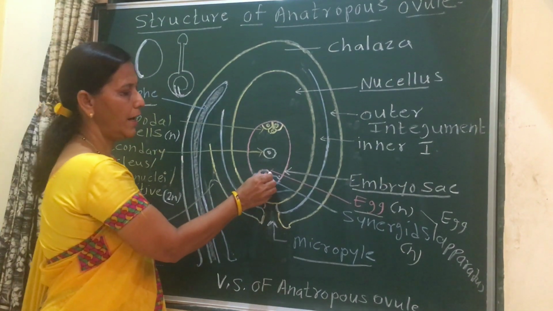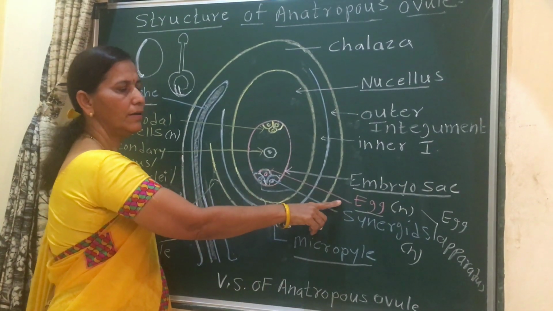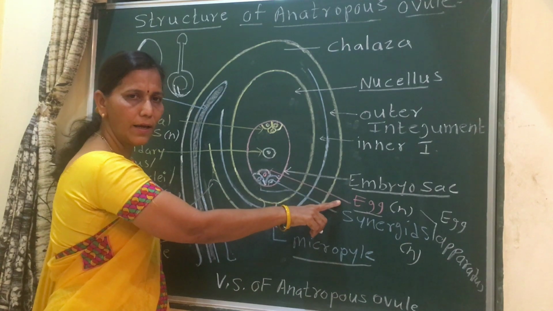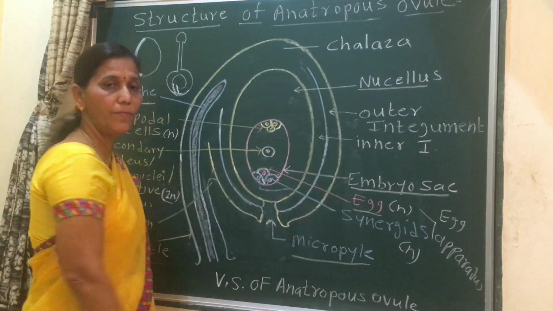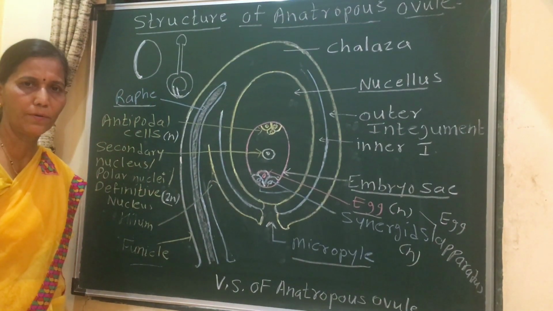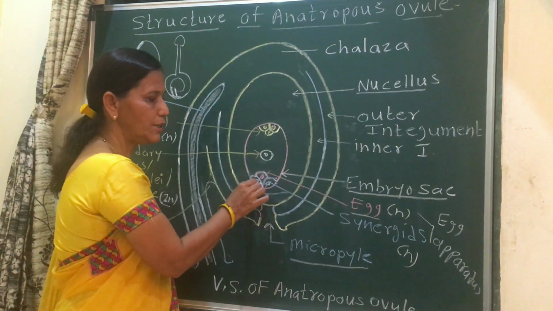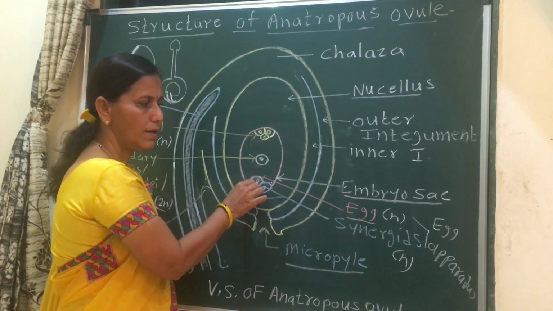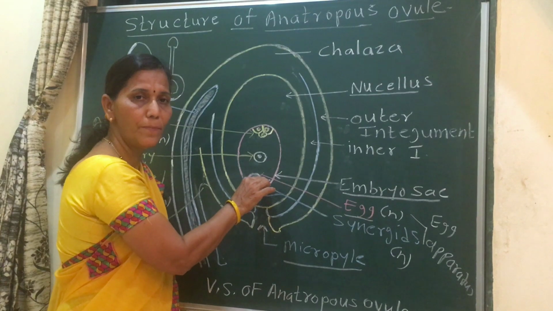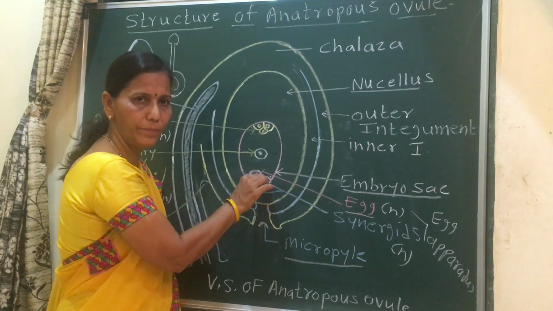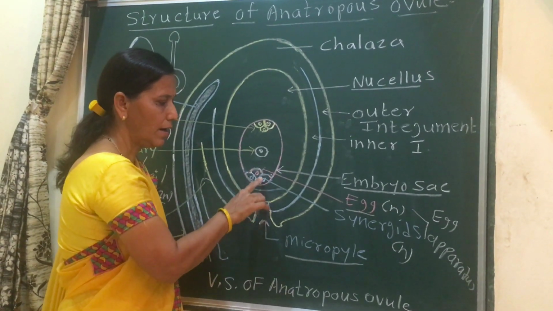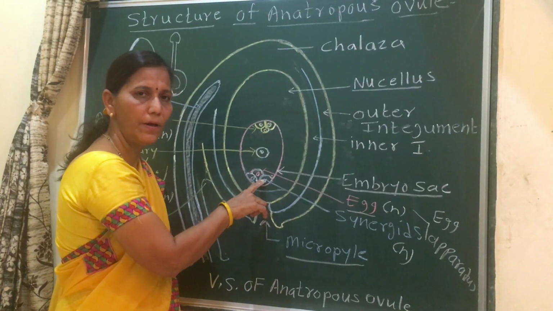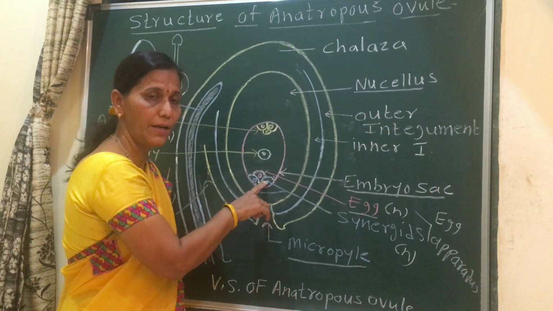Function of this egg: it acts as a female gamete. After fertilization it forms zygote. Then synergids, they help in the process of fertilization. They guide the pollen tube and its entry.